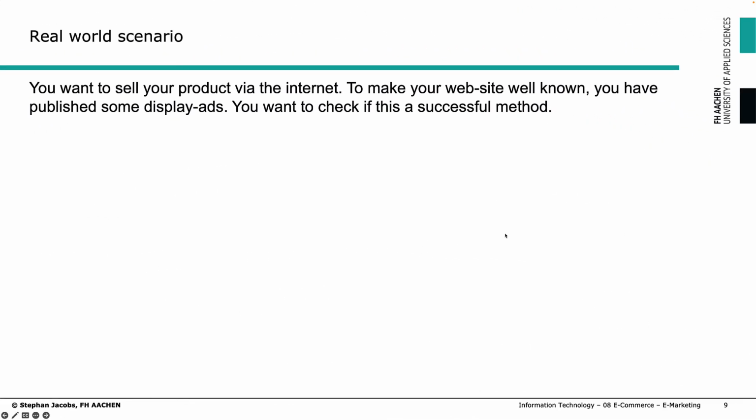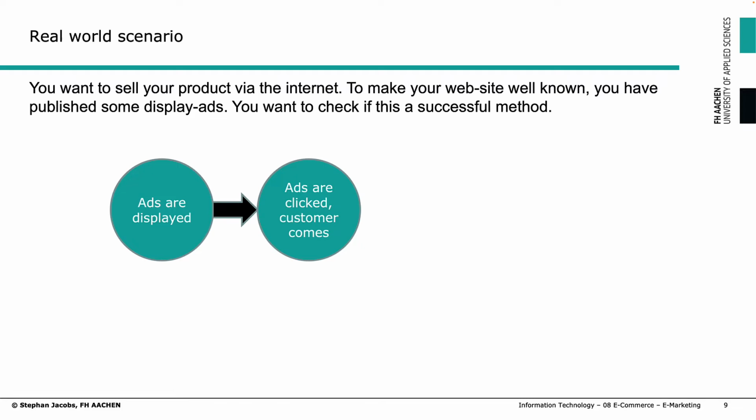Let's have a look at a somewhat real-world scenario. You want to sell a product via the internet. To make your website well known, you have published some display ads, and you want to check if this is a successful method. So here are the ads which are displayed. This should show a number. Some of those ads are really clicked on.